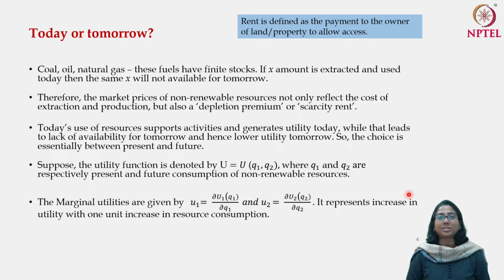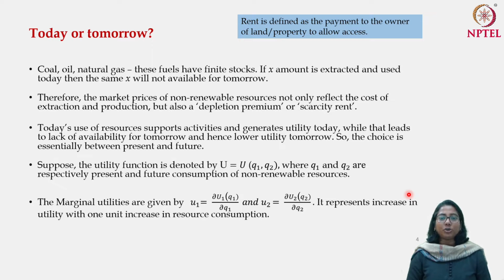Once you get the first glass, you would still like to get a second glass, but the utility that you derive from the second glass is going to be less than the first, because you already had the first glass of water. So as you keep on consuming one particular good, service or resource, your marginal utility tends to fall.